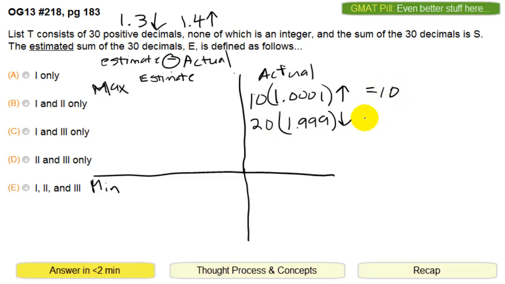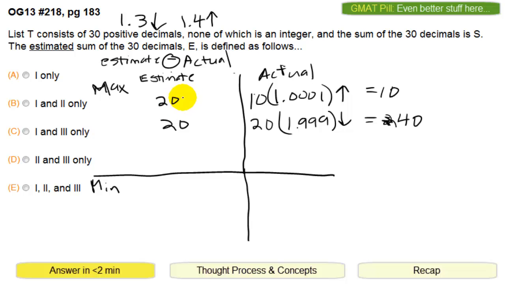20 times effectively 2 gets you not 20, but actually 40. Since you round this up, this 1.001 would become 2, so this estimate would be 10 times 2, which is 20. The estimate here would basically be 20 times 1, which is 20. So the estimate in both cases gets you 20.